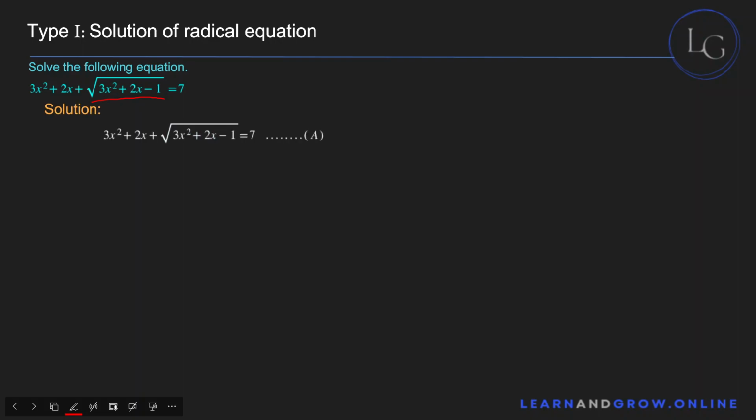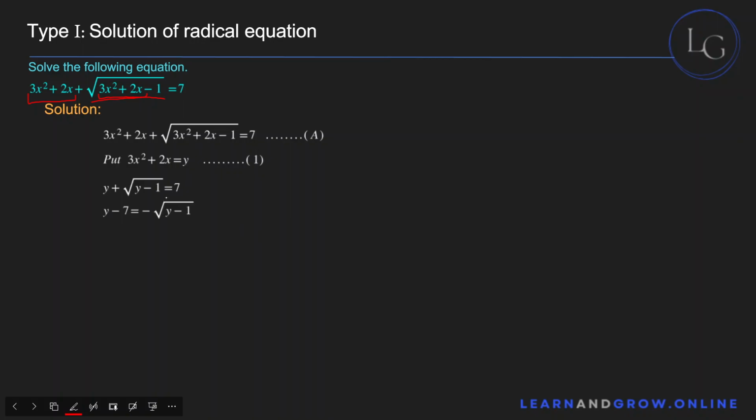Now, what we'll do here is, as you know, 3x squared plus 2x is over here, and it is also over here. So what you'll do is you'll put 3x squared plus 2x equal to y, and now you'll have this equation here.